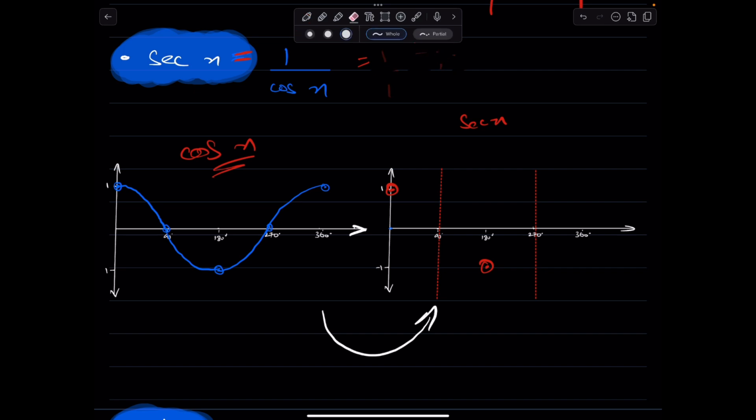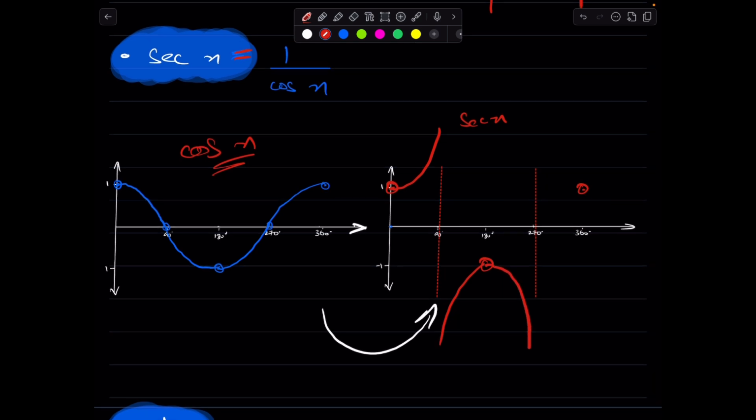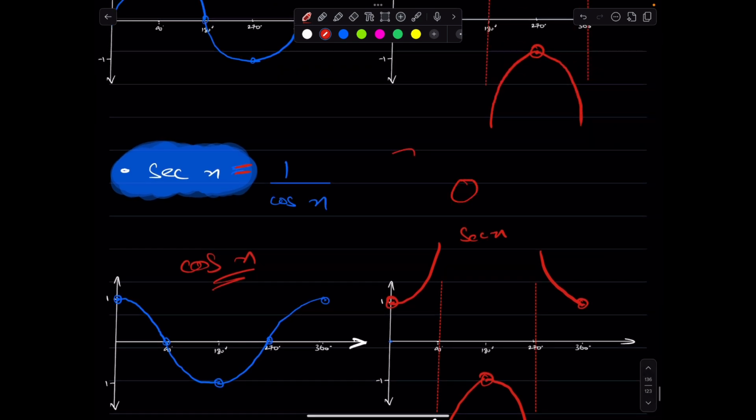And then we can plot our final point here, which would be this. And thus our graph for sec x would look something like this. This line approaches infinity from both ends, and this line also approaches infinity. This is the graph between 0 and 360.